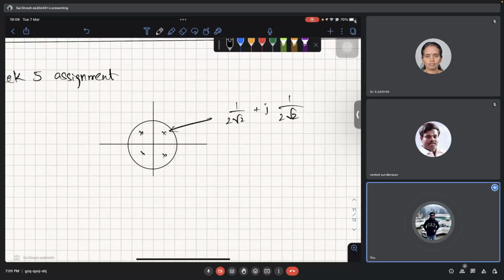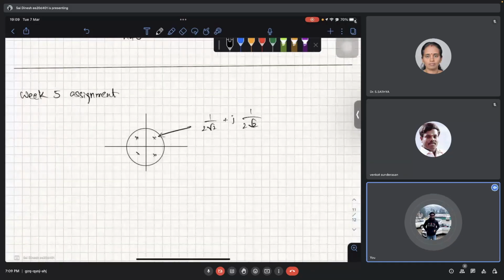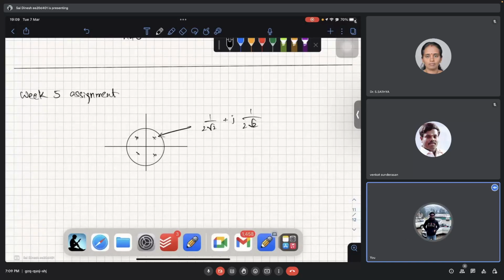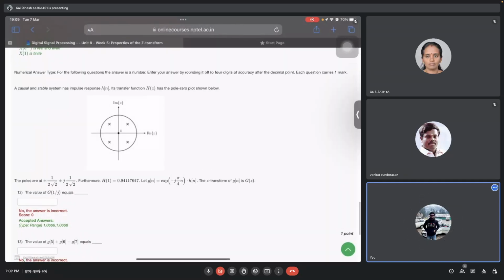And then the question is, this is a causal and stable system. Since he is saying that it is a stable system, the unit circle should be involved, meaning the RoC should be outside the outermost circle, right?